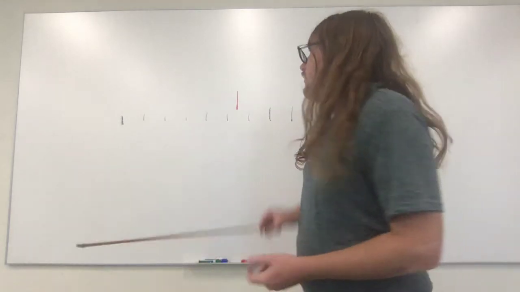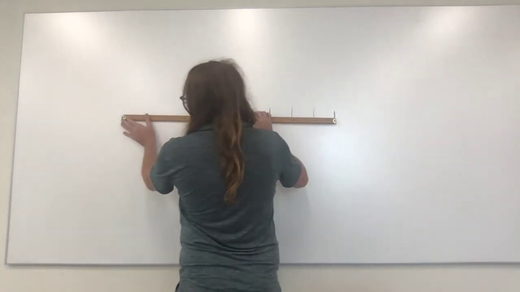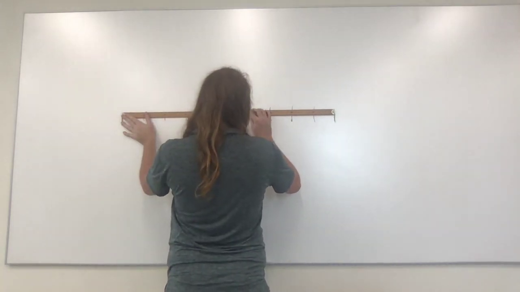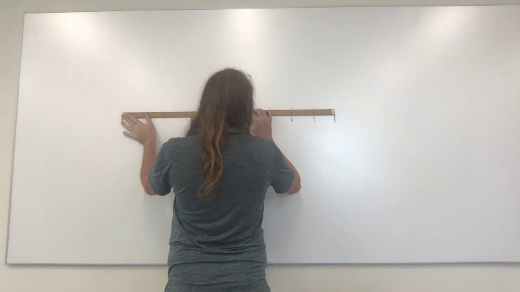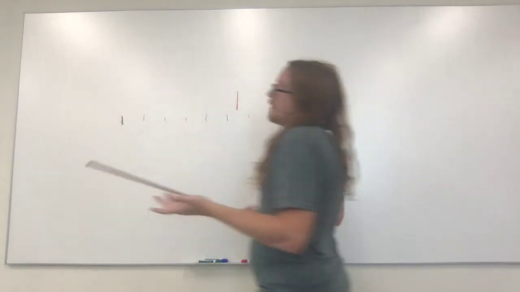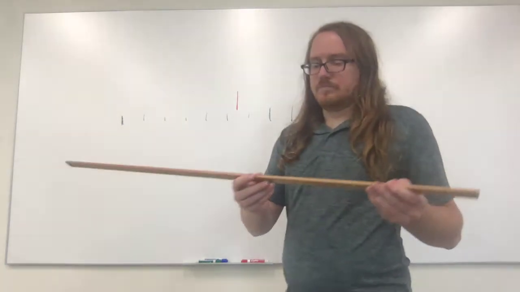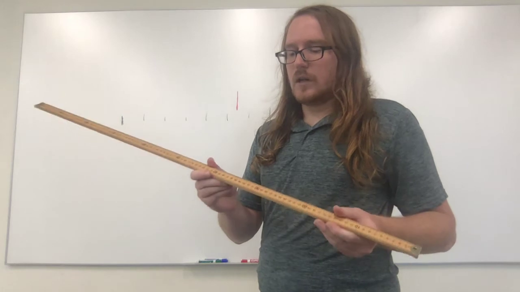So in that case, if I'm using the actual meter stick to measure this, my lines are not super thin. So yeah, I might say 54.35 centimeters, because I think it's halfway between 3 and 4 on the millimeter scale.